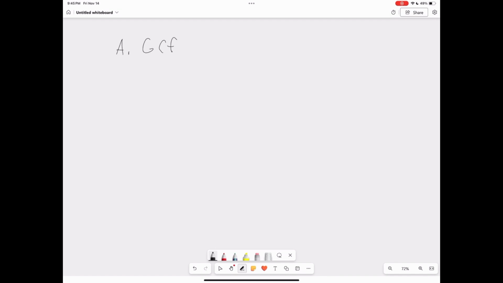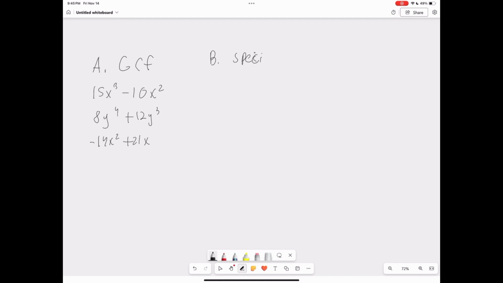So these are for GCF. So 15x cubed minus 10x squared, 8y to the fourth plus 12y cubed, and negative 14x squared plus 21x. By the way, I won't tell you if it's GCF, I'm just telling you for reference. Then special patterns.